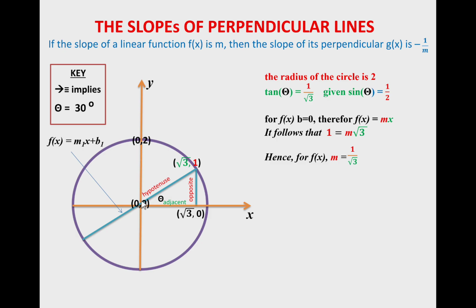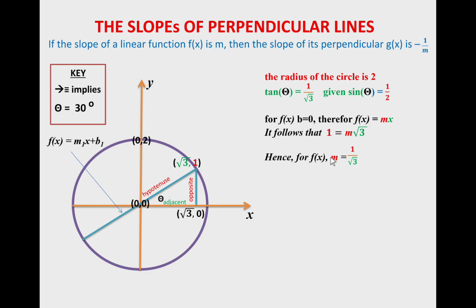Now that we've done this one, our next step is to determine the line that's perpendicular to the hypo, or perpendicular to f of x, which is g of x. And we have to show that the slope of g of x is the negative of the reciprocal of the slope of f of x.